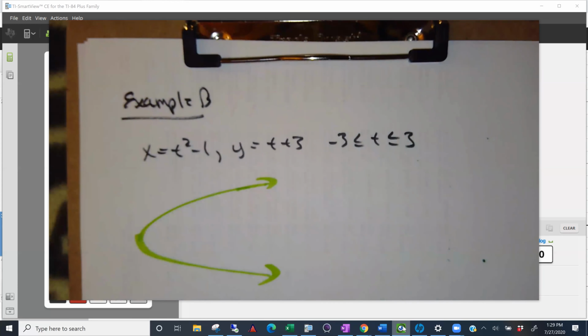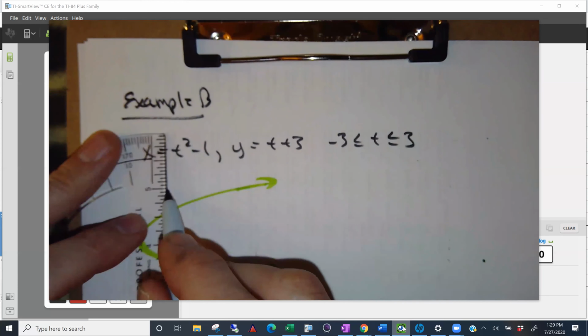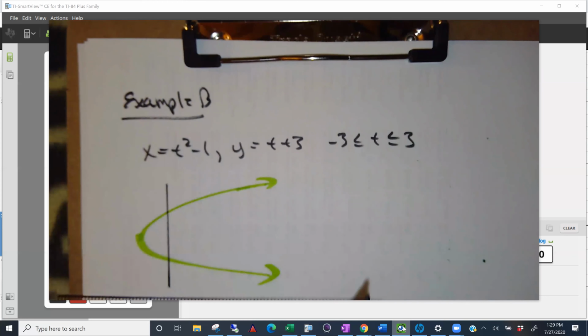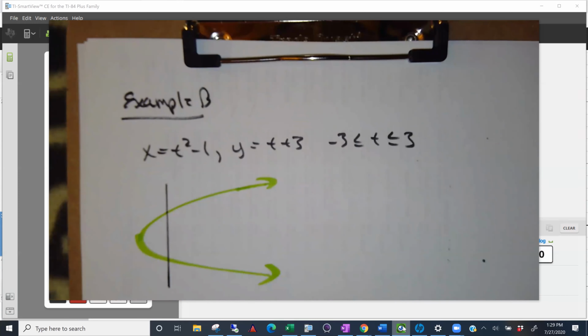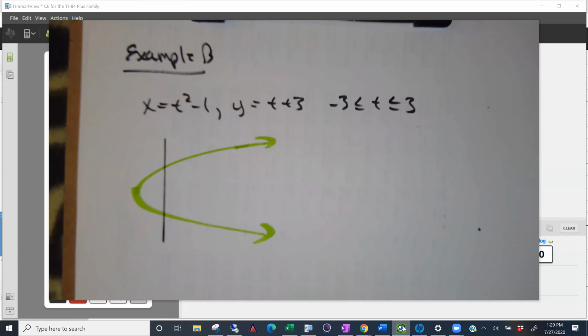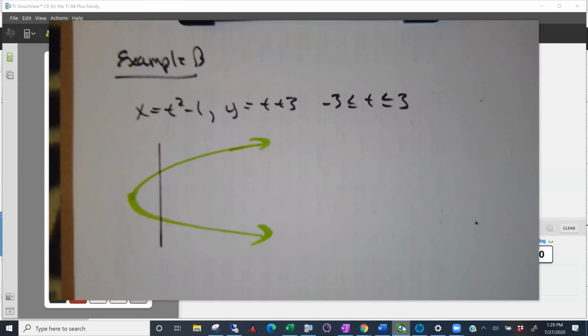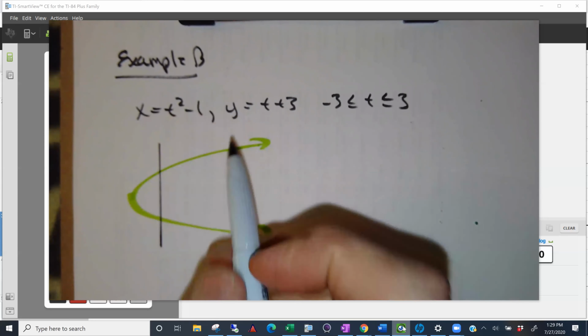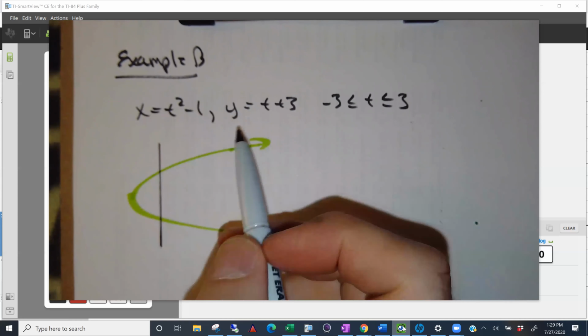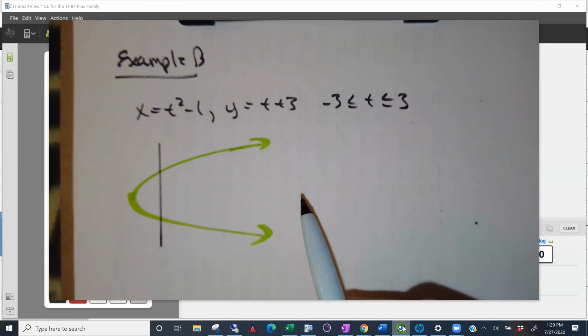So something like this. And I'll hold off on that for just a little bit. If it were me trying to figure out what's the equation in x's and y's that represents this parametric equation, I'd probably do this.